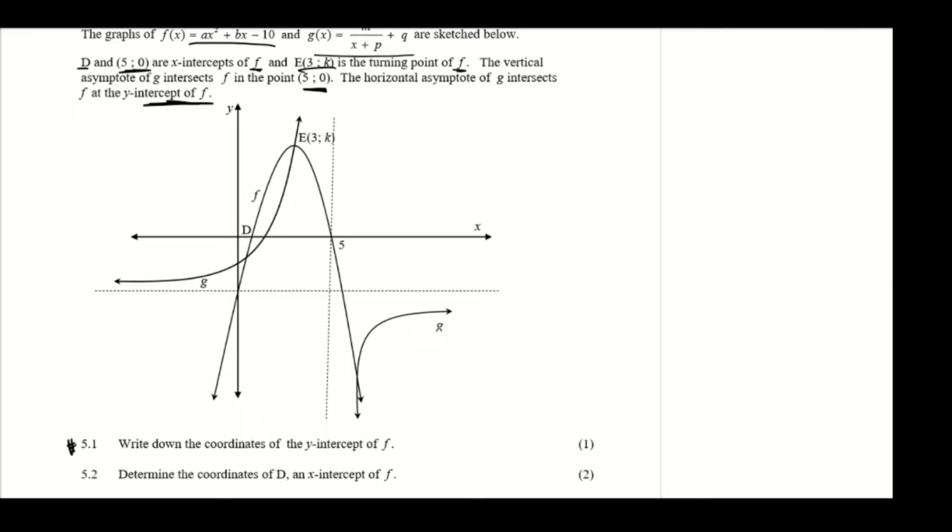So now we are asked 5.2, which says determine the coordinates of D, the x-intercept of f. Remember that D is one of the x-intercepts, so it's here, the x-intercept of the parabola. So we want to identify the coordinates. We know very well that the y value of D is 0, so we want to find the x value.